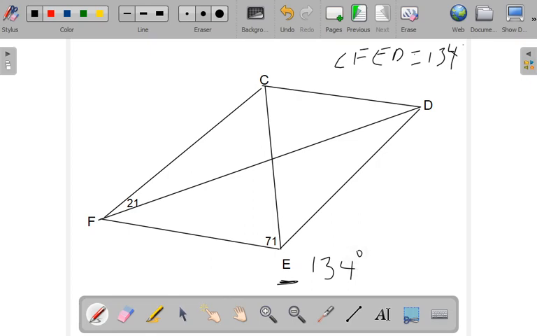So if we wanted to find this angle right here, all we would have to do is subtract 71 from 134 degrees. So 134 minus 71 would give us 63, correct? 63.